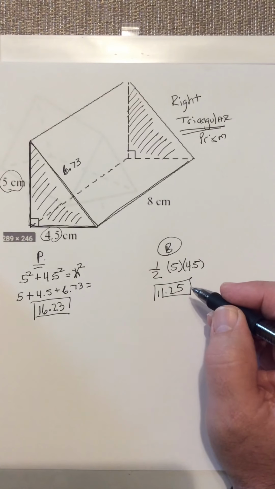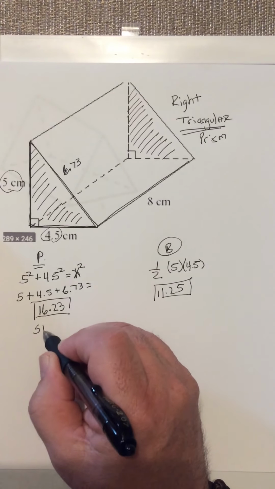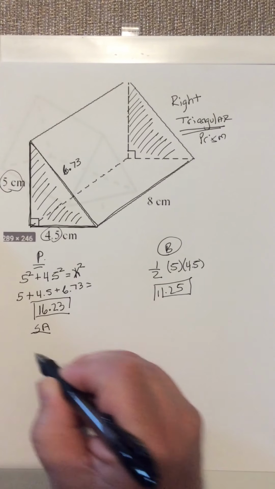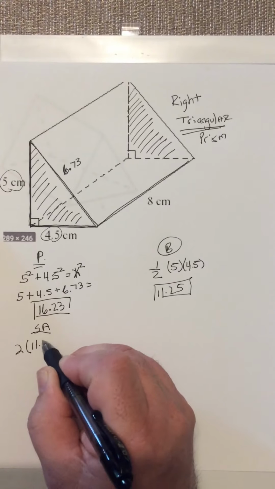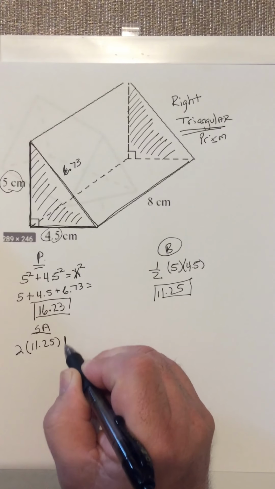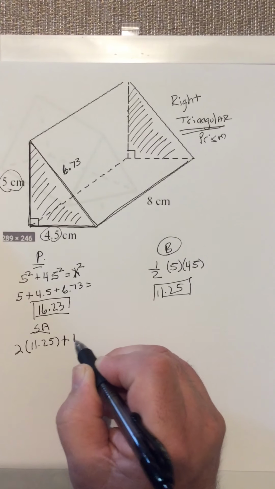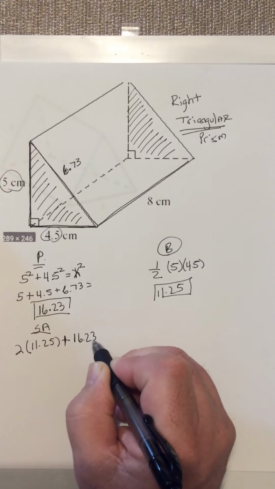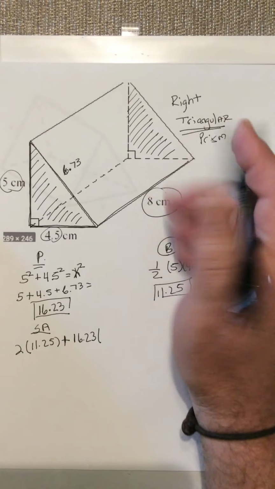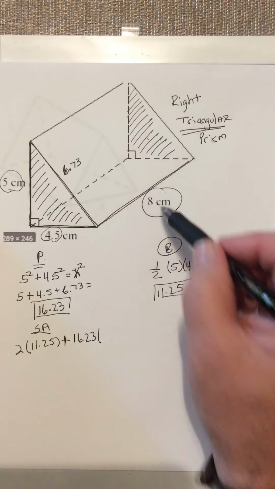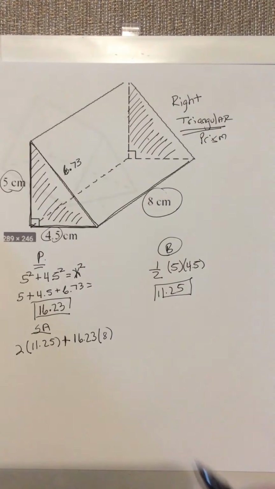And now let's put this all together. Surface area: 2 times the area of the base, 11.25, plus the perimeter of the base, 16.23, times the height, overall height. If this thing were standing up on the bases, it would measure 8 centimeters.